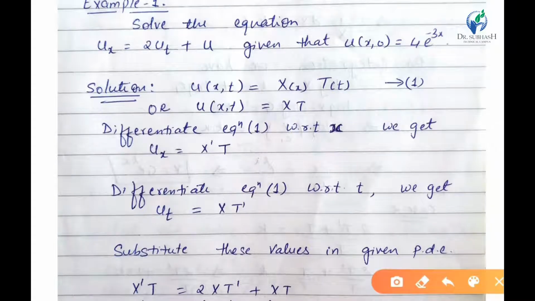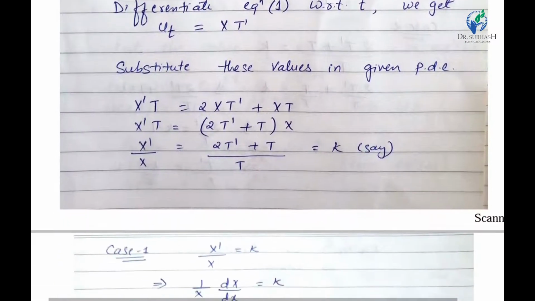So we get ut equal to X T'. Now we will substitute these values in our given equation, that is, we will put the values of ux, ut and u. So we get X' T equal to 2 X T' plus X T.